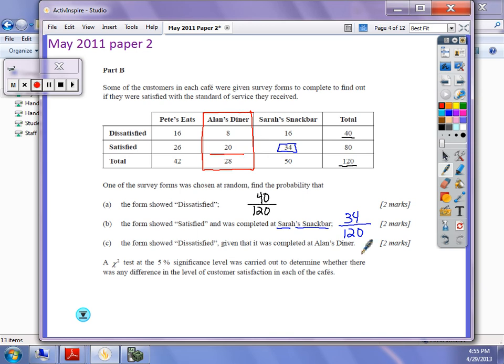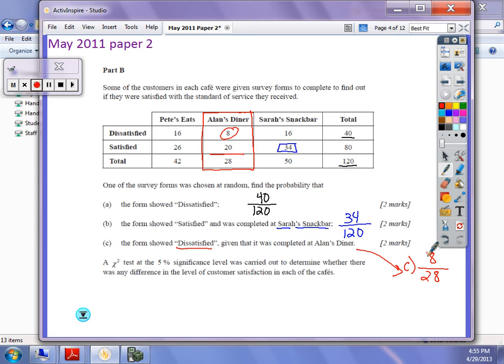Let me make a little arrow here for Part C. The total number that completed the form is 28, and how many of those were dissatisfied? 8. So 8 out of 28 were dissatisfied. Don't reduce the fraction. Don't change it into a percentage or a decimal. Just move on.